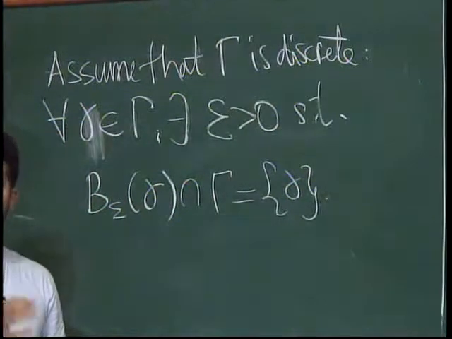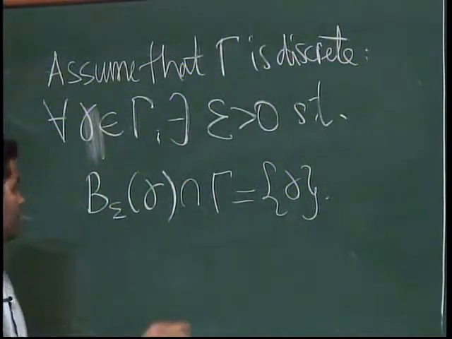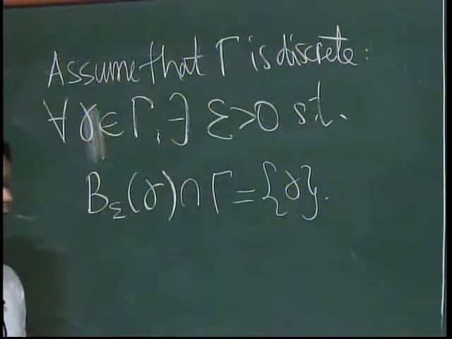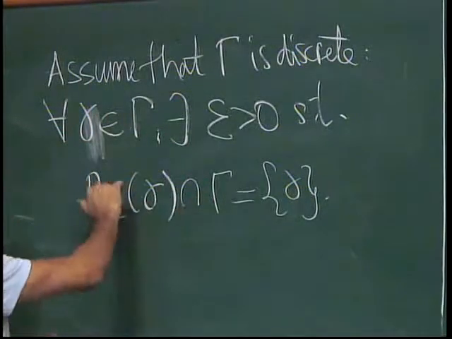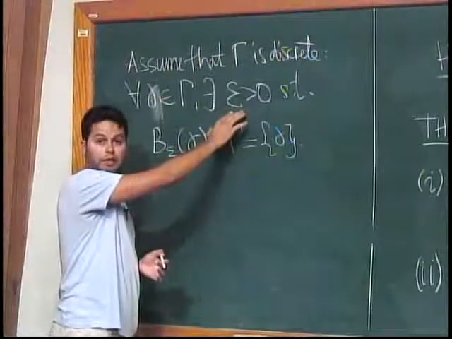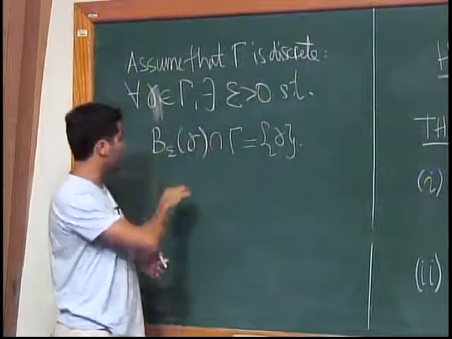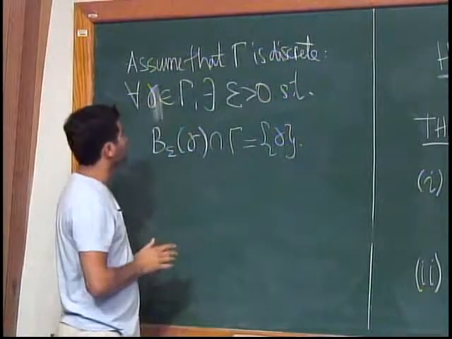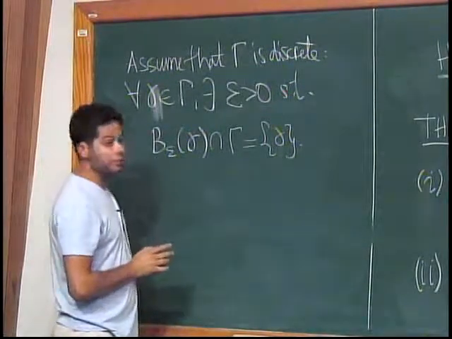So around every point you could put a ball which is disjoint from anything else of gamma. And because gamma is a subgroup, this epsilon is going to be universal. You could choose the epsilon to hold for every gamma of your group. This is what it means to be discrete.